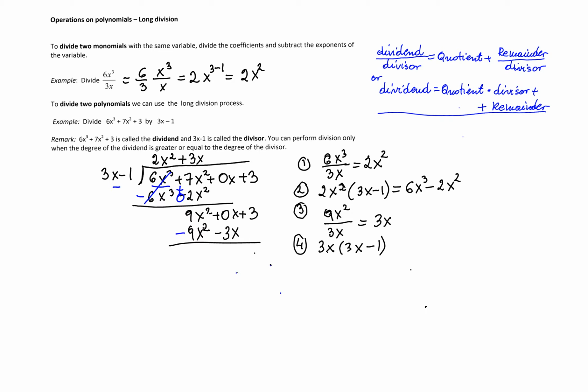Subtracting means changing sign to the opposite in the second polynomial and adding those polynomials. We'll get 3x plus 3. And we'll repeat the process with 3x plus 3 being the dividend.